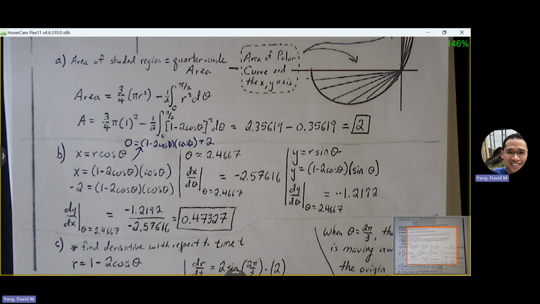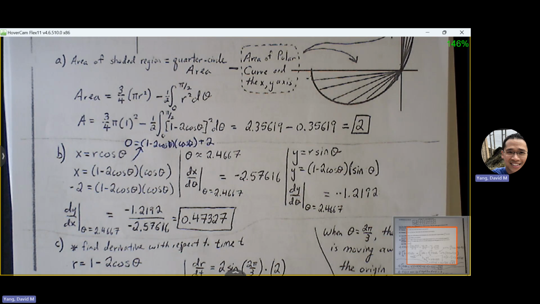We can put this in the calculator and look for theta 2.4667. But if you do math 8 to get your derivative, leave it in terms of rectangular. Don't try to do it in terms of theta. I mean, it's possible, but I just think it's a little bit cleaner to just leave everything with the form that we're used to. And only go into polar mode if you're trying to graph a polar graph. Otherwise, I think doing everything in rectangular form is easier.